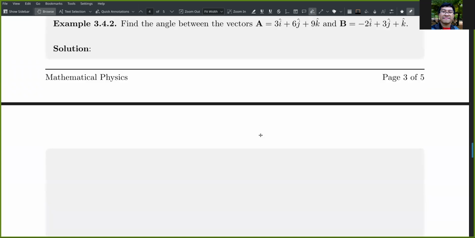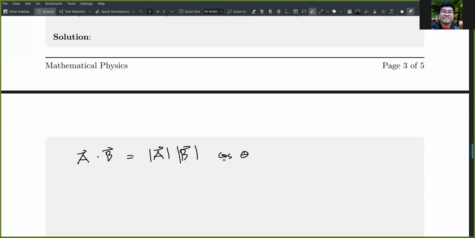Example: find the angle between vectors a and b. Using the formula of the dot product, take note that a dot b equals a b cosine theta. So if we know a dot b and the magnitudes of a and b, we can get cosine theta and also theta.